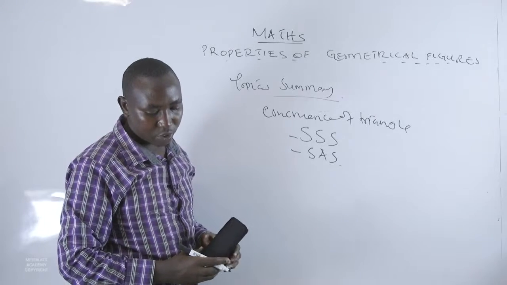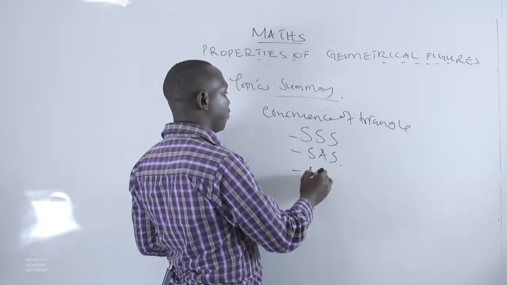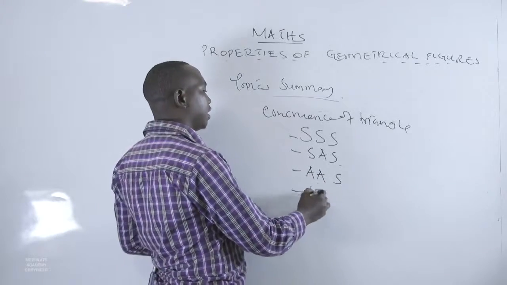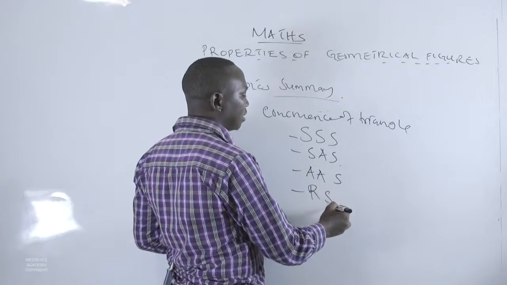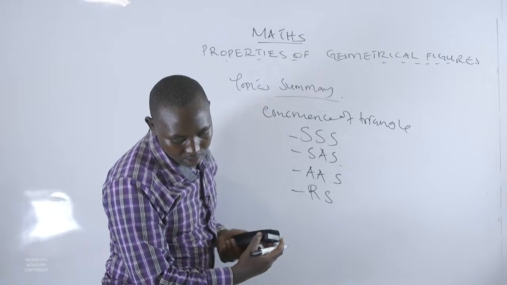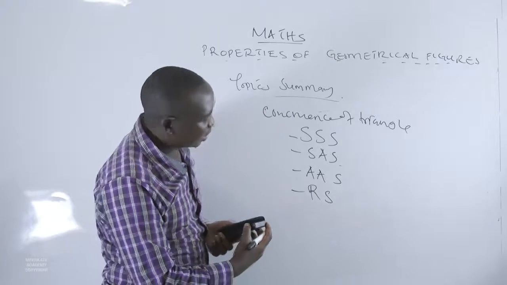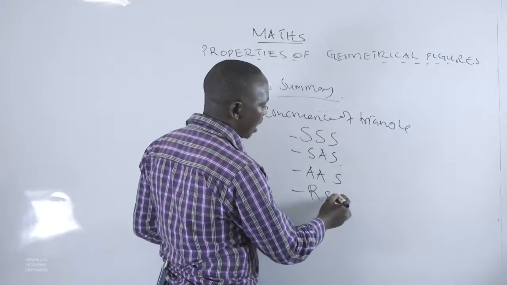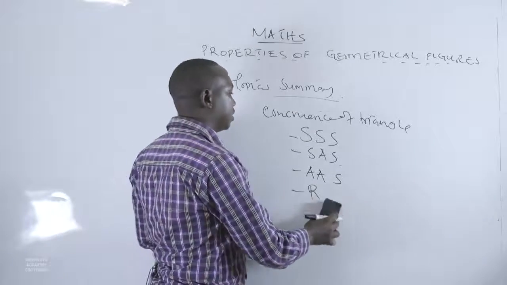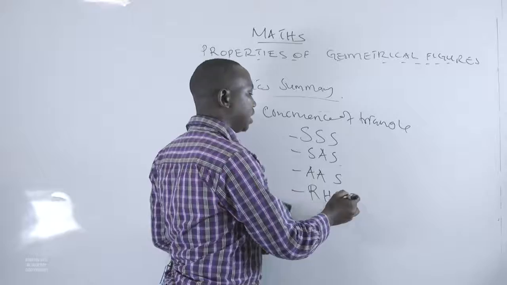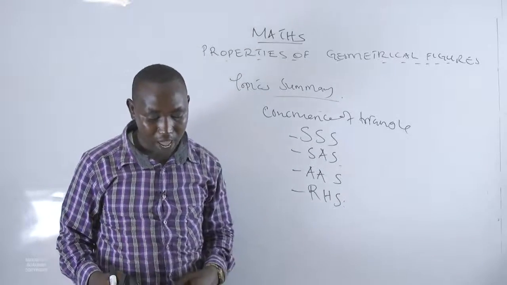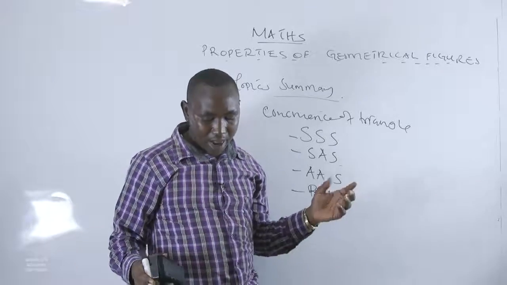Then we also talked about angle and a side. Then the last one was a right angle, a side, and the hypotenuse, that is the RHS. So these are the rules that are normally followed to show that triangles are congruent.